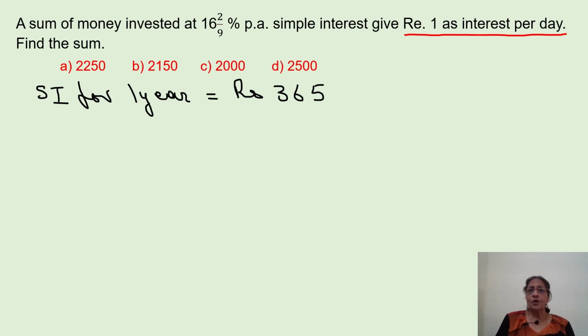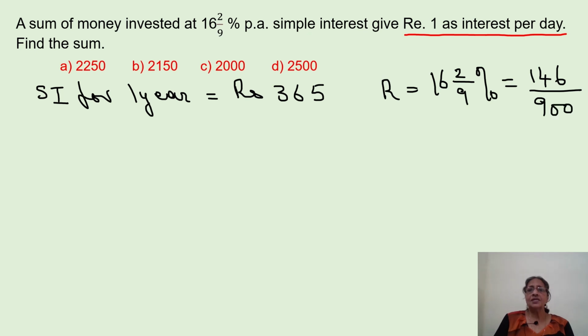The next thing we know, the rate is given as 16 2/9%, which I can convert and make it as 146 upon 9. Now I'm going to use my ratio method. What is the ratio method?